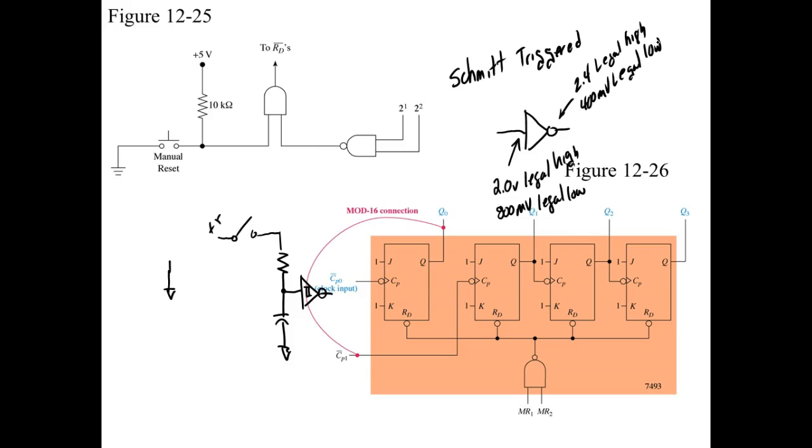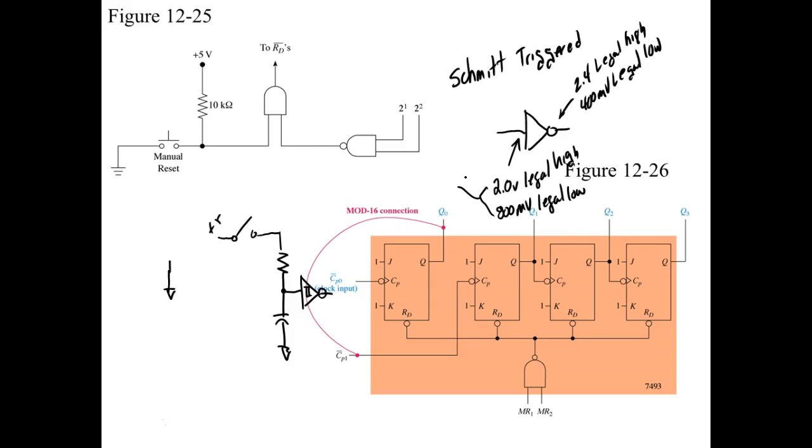So normally we assume a legal high is 2.4 volts and a legal low. Well, what's between 800 and 200 millivolts? Why do we consider that region invalid? Because we don't know where it's supposed to switch. We just know it's going to switch somewhere in that range.